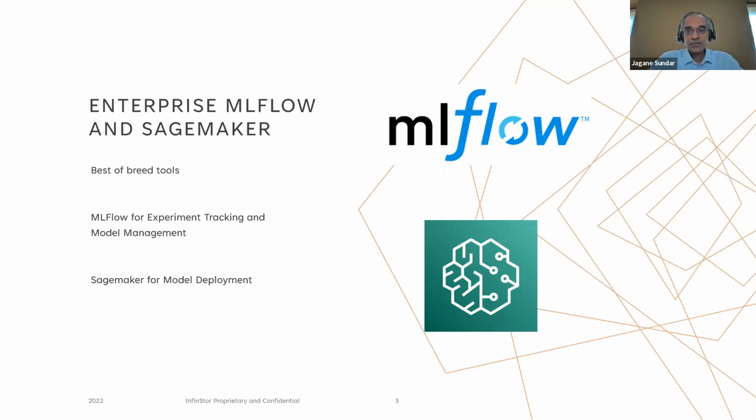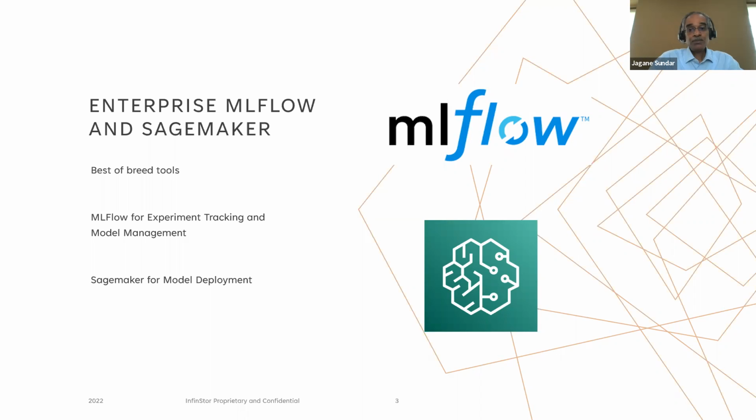Towards the second half of this presentation, we will go through the complete process of taking a Hugging Face sentiment analysis model, logging it as an artifact to an MLflow instance, our own free version, in fact, and then using that as a model that is to be deployed in Amazon SageMaker.